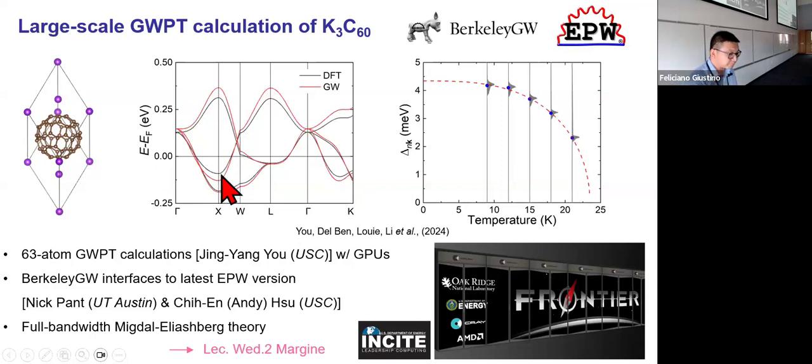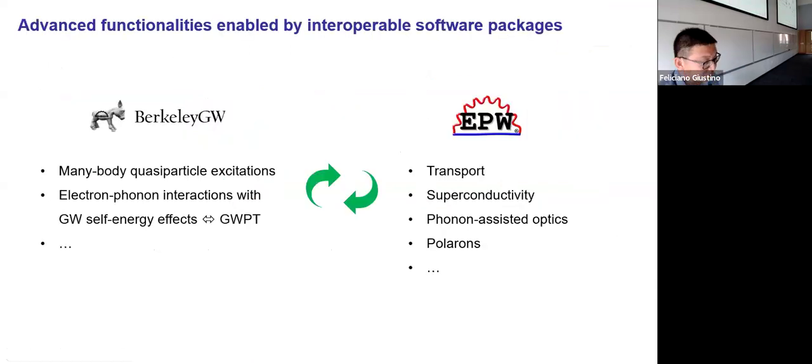Okay, to sum up, with years of development, we are now able to carry out many electron-phonon calculations with interoperable software packages, in particular here, BerkeleyGW and EPW. That allows us to have some advanced functionalities.